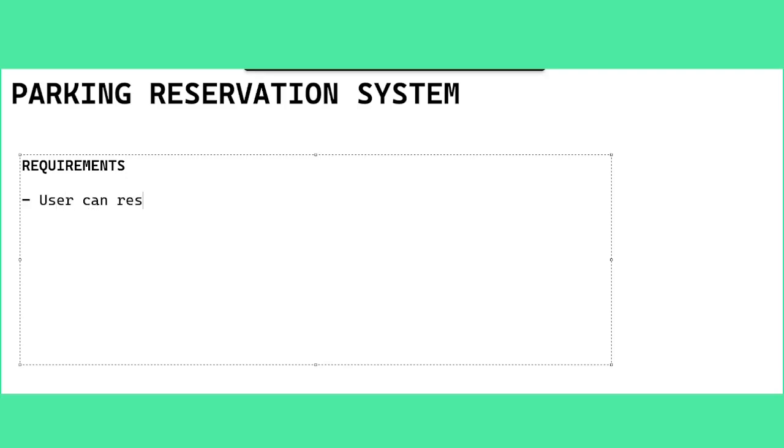User can reserve a ticket, reserve a parking. Then, get ticket from parking. So by parking ticket, I don't mean getting a ticket for parking at a no parking sign. Basically, the receipt, the parking receipt.